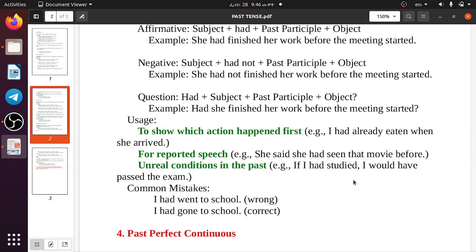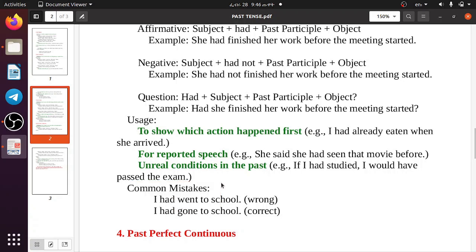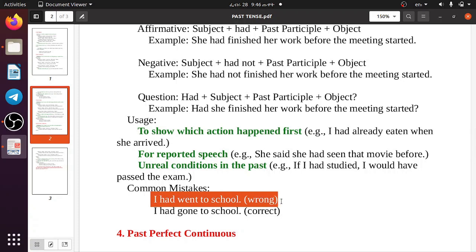Common mistakes in the usage of past perfect tense. For example, I had went to school. This is wrong. Went is the past form of go. It is not the past participle.